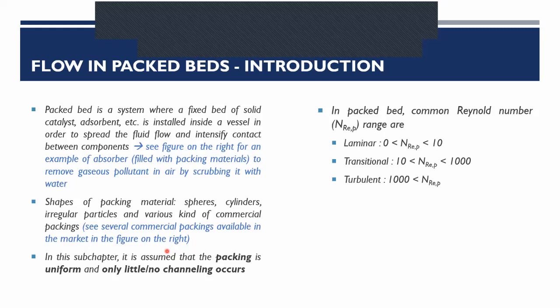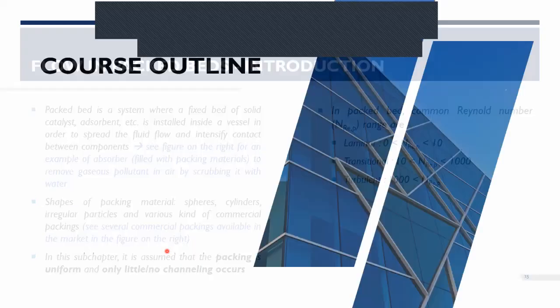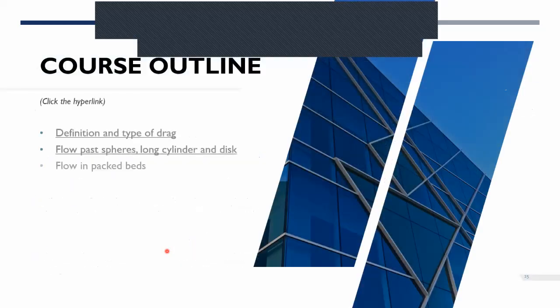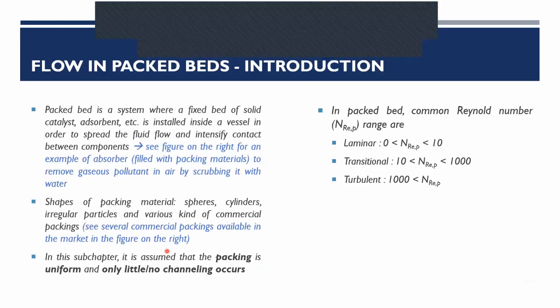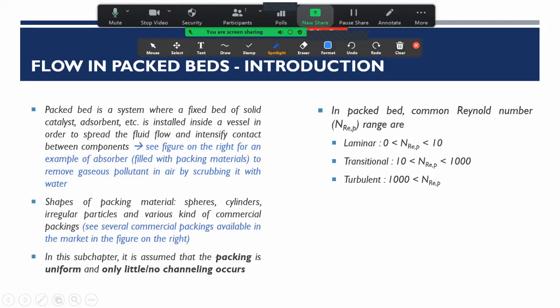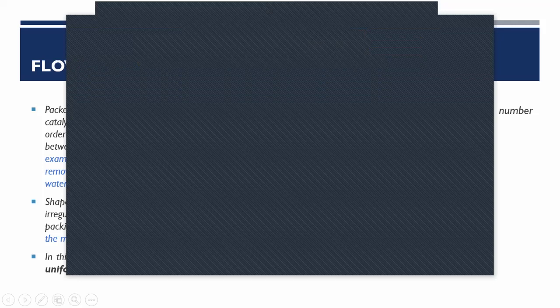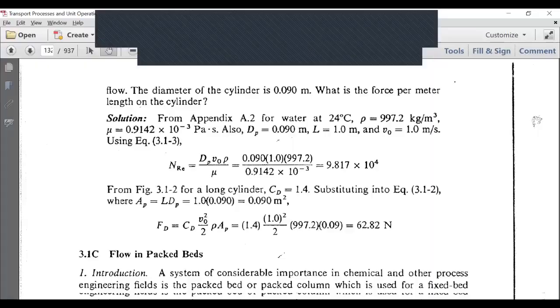With the range of 0 to 10 is laminar, 10 to 1000 is transitional, and higher than 1000 is turbulent. For packed bed, the NREP, I think you can see it from this. Let me see.